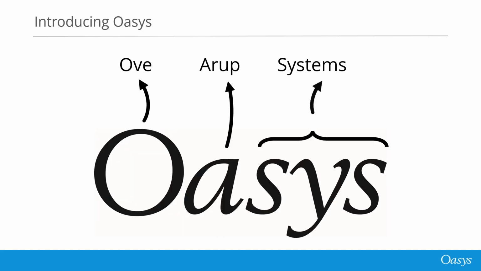So that's Arup, but what about Oasys? Oasys is the software house of Arup. And Arup began developing its own software more than 40 years ago in response to our evolving challenges. I'm not sure if this is exactly how it happened, but I like to think that we developed these tools to help ourselves in our own workflows.